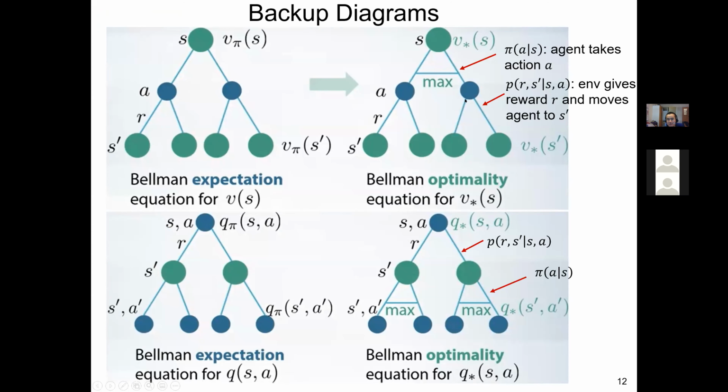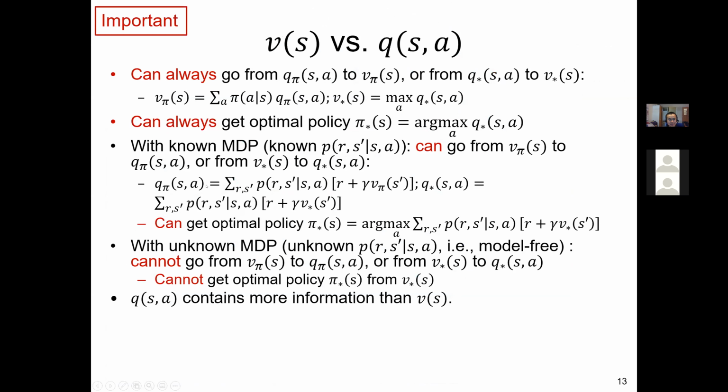Then you need to know the branching from the blue to green, the probability distribution, that is the environment property. So now it's not under the agent's control anymore. It's under the control of the environment. The environment may be known if you have a simple grid world environment, or it may be unknown. If it's unknown, then you cannot do this derivation from V to Q.